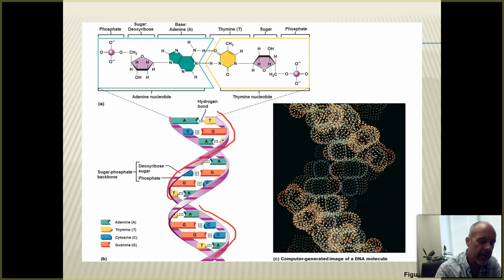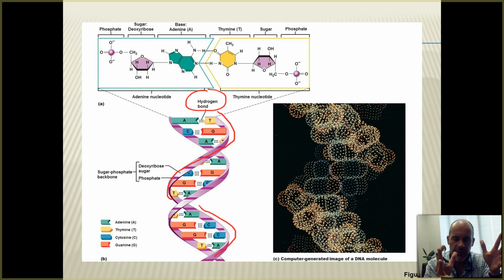Hydrogen bonds. If you remember, we saw those in proteins as well. Hydrogen bonds are where two molecules, or two different parts of the same molecule, are held together, not all that strongly, by sharing a hydrogen atom or hydrogen atoms with each other. So that's what actually holds the two strands together.